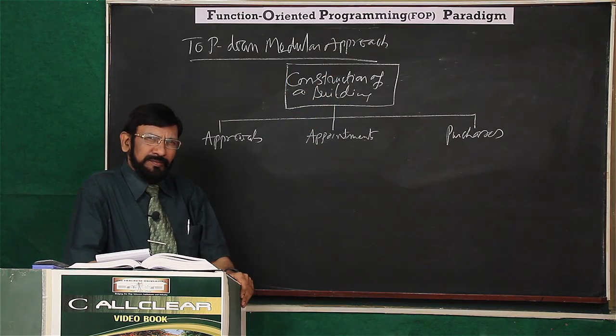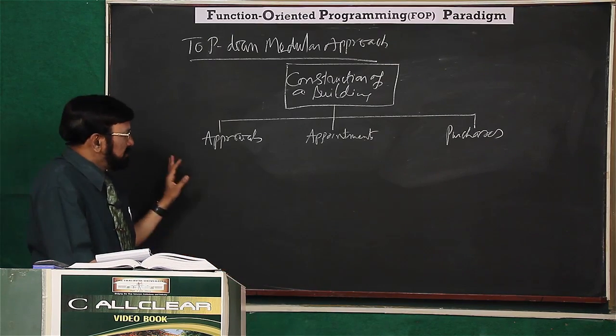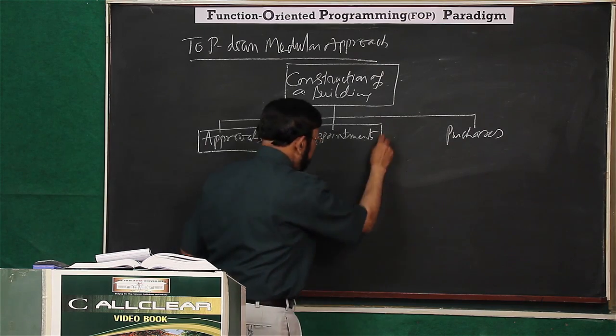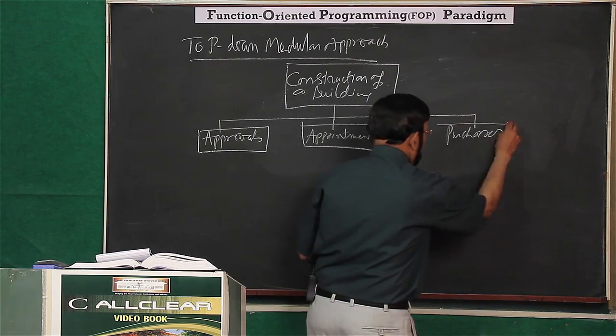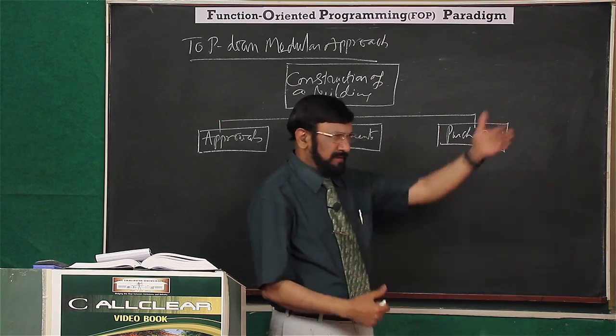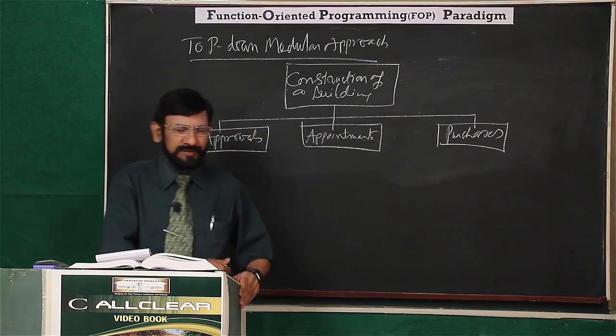Then you list out. They may be 100 or plus. Don't worry. Now classify them. Then you can find only three groups: approval, appointment, purchases. And you take the list of your 100 activities or more.